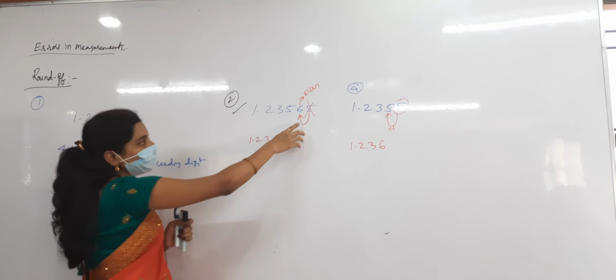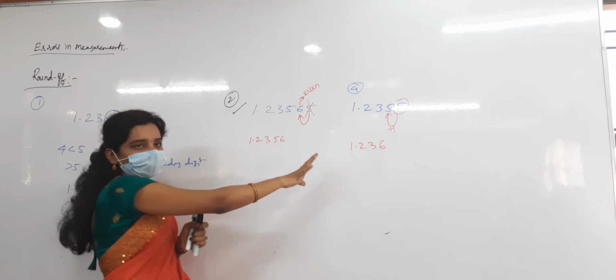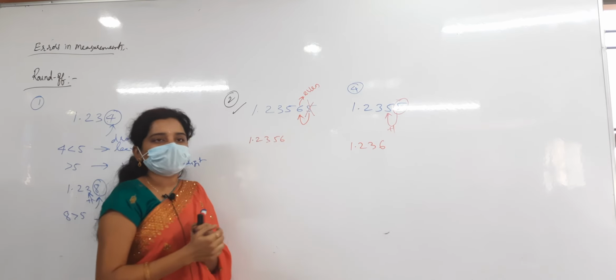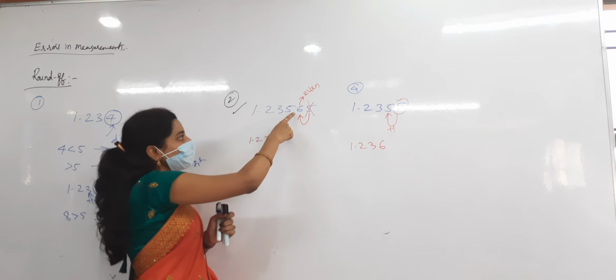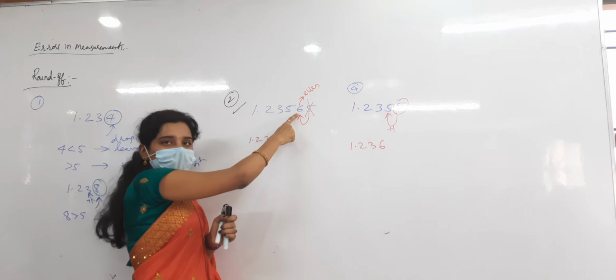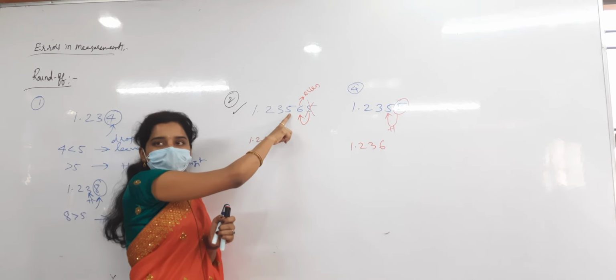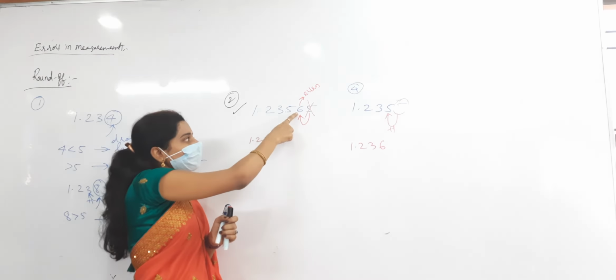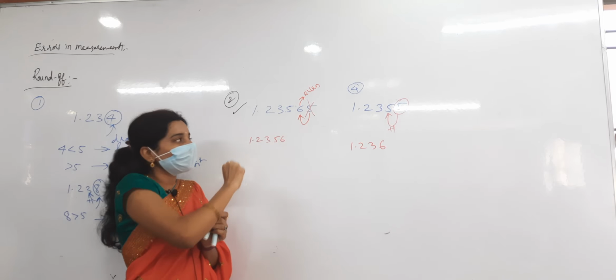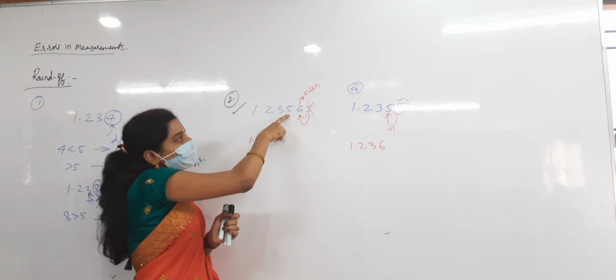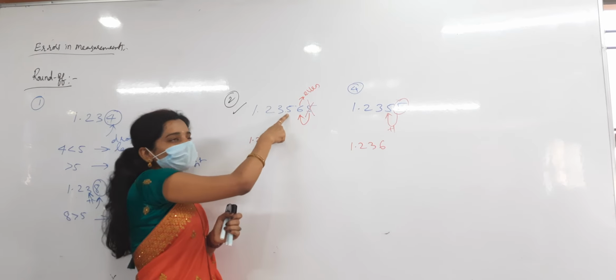So when you come to the 5, we can drop the 5 because before it there is 6. 6 is greater than 5, so what you have to do? Plus 1. Why? Because this 6 is greater than 5. Then here it is coming as 6.